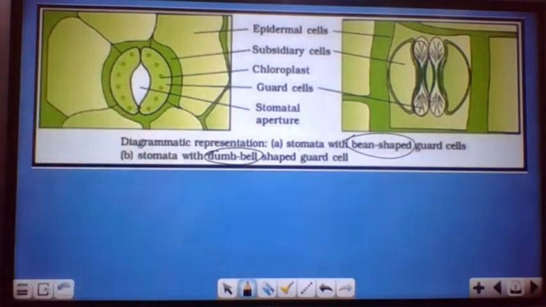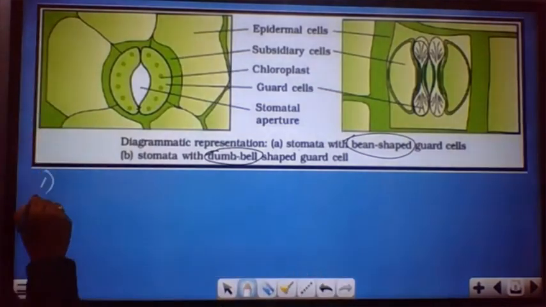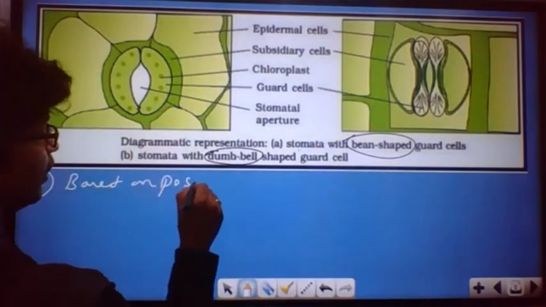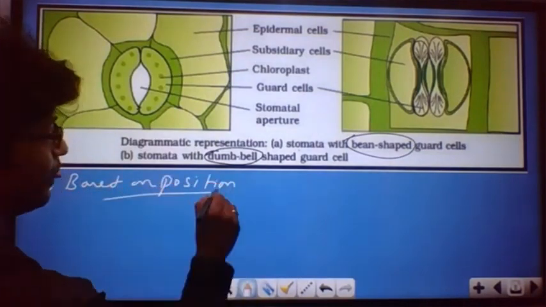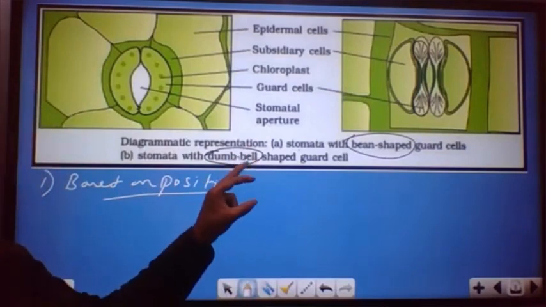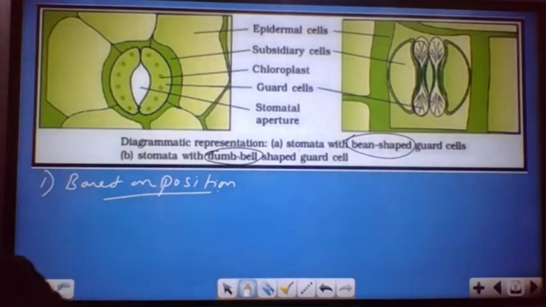Now we're going to discuss the classification of stomata. There are three categories by which the stomata can be classified. The first is based on position, and on the presence of accessory cells, the subsidiary cells along with the guard cells.